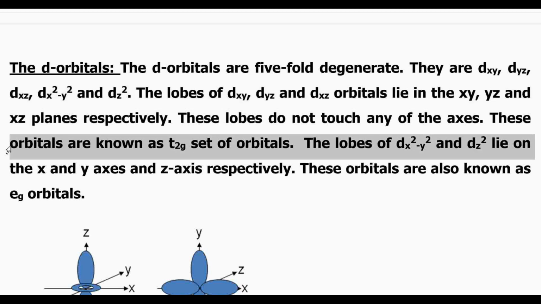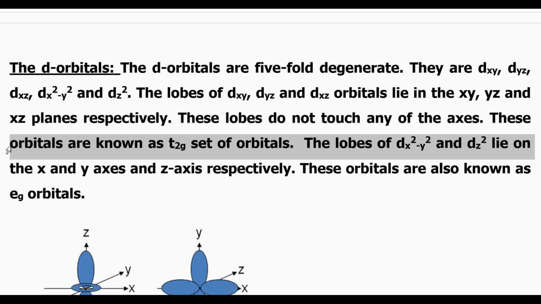Now the first 3 orbitals, dxy, dyz and dxz orbitals, are together known as the T2G set of orbitals. Because they are similar, they are put in one group, and that group is named T2G.